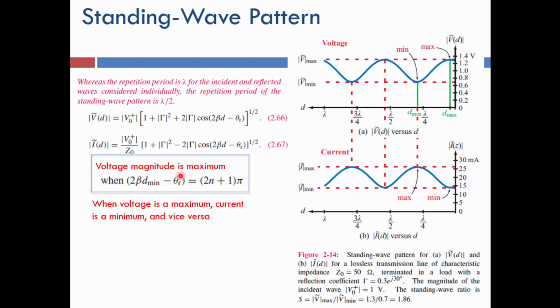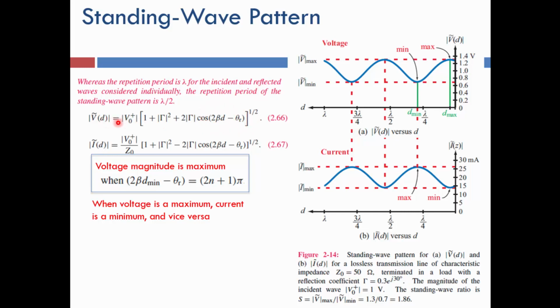Okay. So if we need to specify the distance where the voltage magnitude is minimum, this is wrong, it should be minimum, the voltage magnitude is minimum if this cosine results in minus 1.